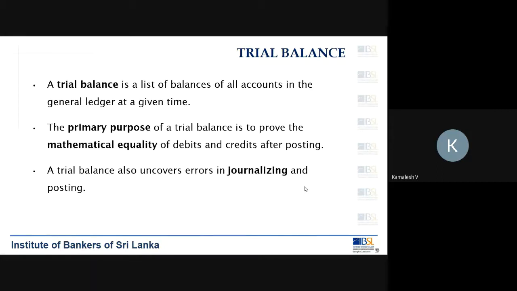What the trial balance tries to ensure is that you have not performed any transactions of that kind. If the mathematical equality is proved, it means all the transactions that you have performed had the debit total in agreement with the credit total.